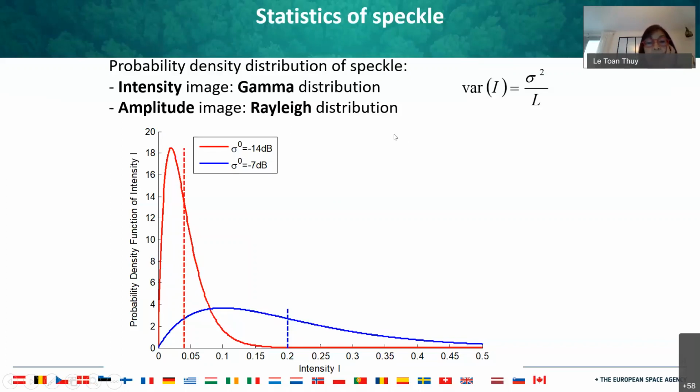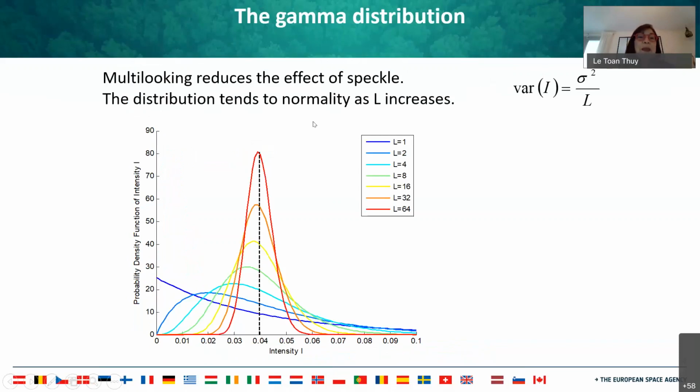And then the next one shows better the gamma distribution for the intensity. Here I take the blue one. Here the blue one is this one at the beginning, and if we somehow increase the number of looks.